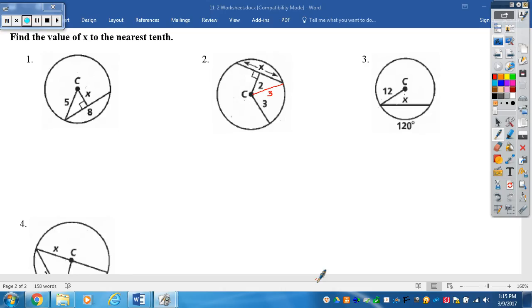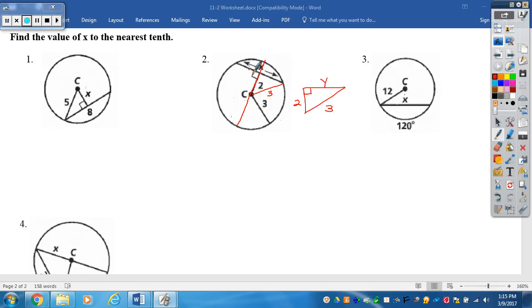And so what we have as of right now, if I redraw this triangle outside here, got the right angle there, you've got 2, you've got 3, and I'm going to label this as y.